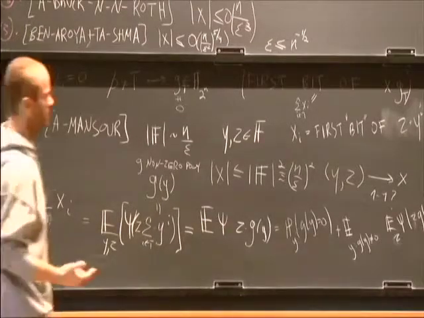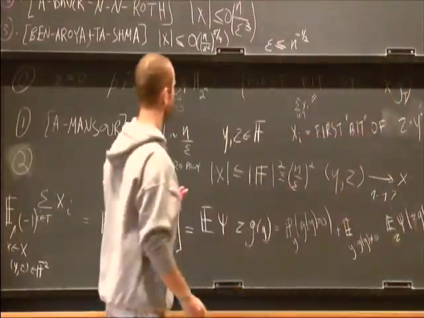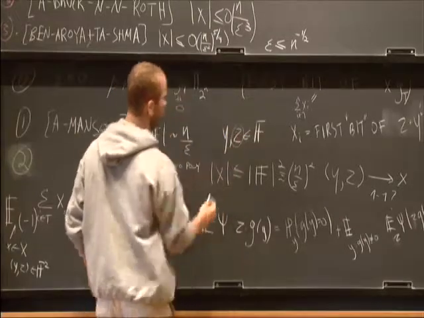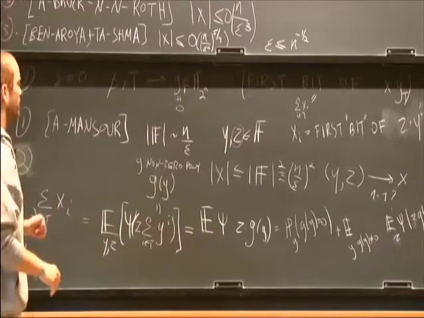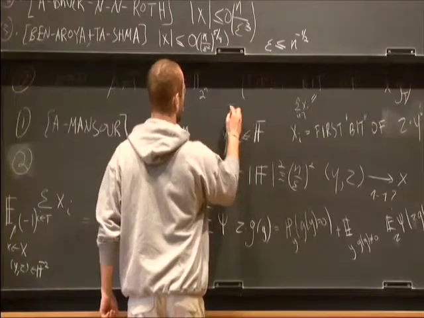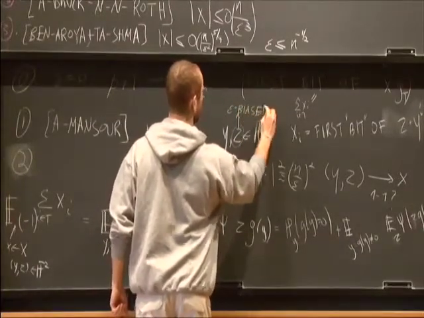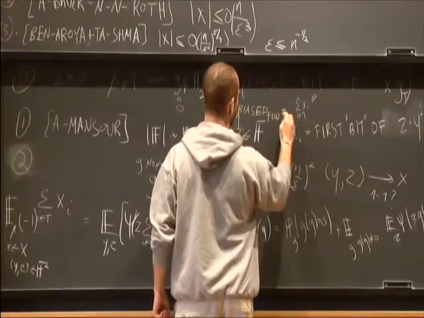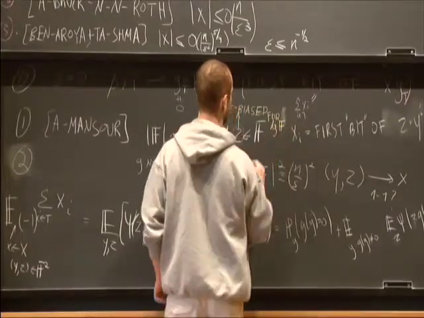So again, we lost here the 0. And how can we not lose it? The way we got 0 is we chose Z in the field. Another way to choose Z is in an epsilon-biased set for F, for log F bits.